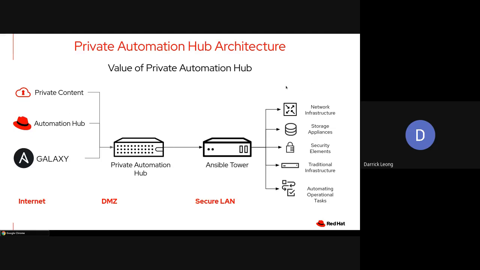So you can have your own private automation hub, for example, in case you're trying to access it from a more secure place, or you're required to access the content from a DMZ. You can have the private automation hub in a DMZ and then pull the content from the internet to the DMZ first, and then consume it from there.